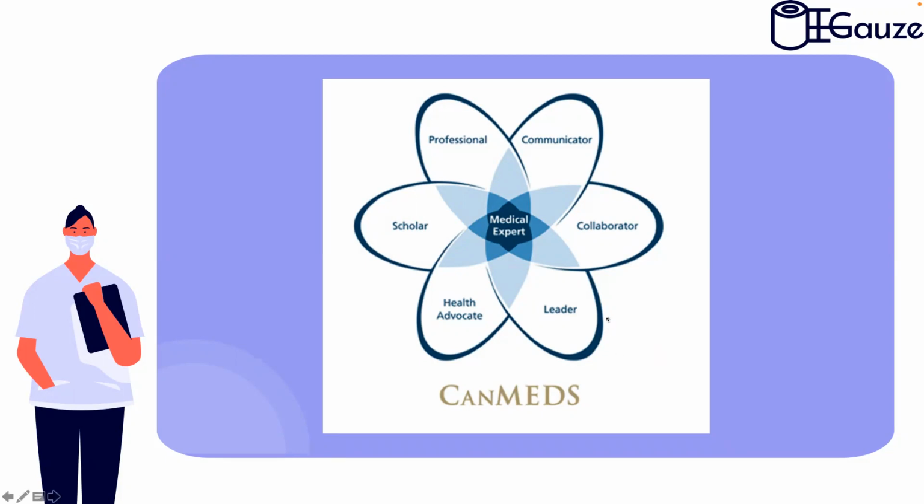If you think about it, these are the roles that they want the resident to eventually be capable of. They want someone who's a leader. So someone who has assumed leadership roles during medical school, which will reflect on the CV, that's an excellent thing to have.